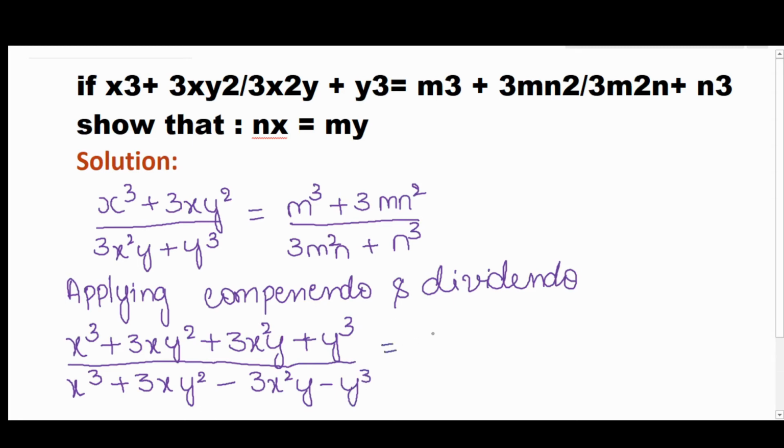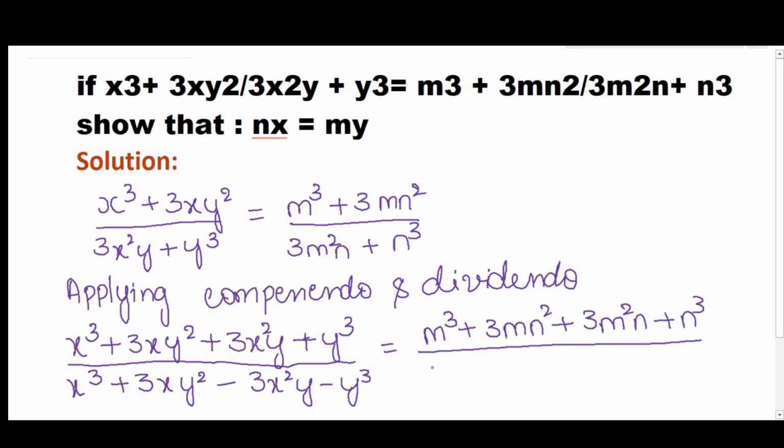Same thing I do for the RHS also. I get m cube plus 3mn square plus 3m square n plus n cube, divided by m cube plus 3mn square minus 3m square n minus n cube.